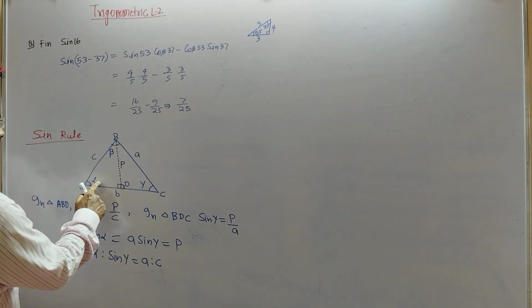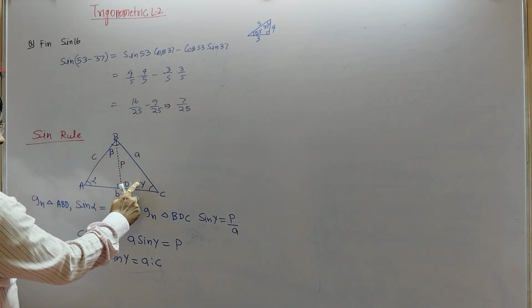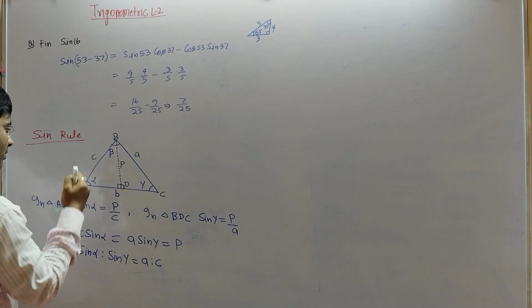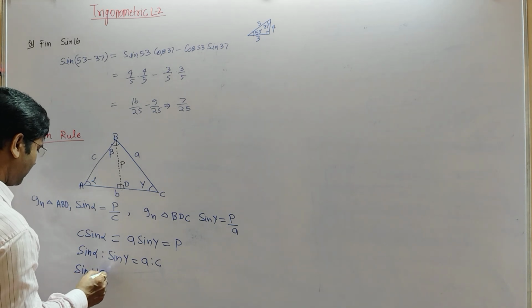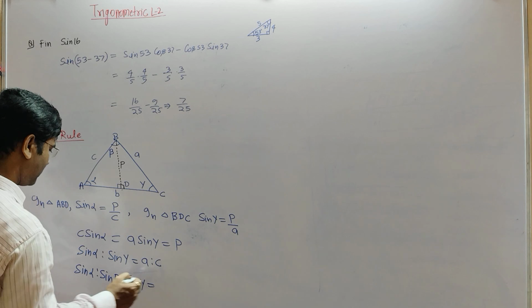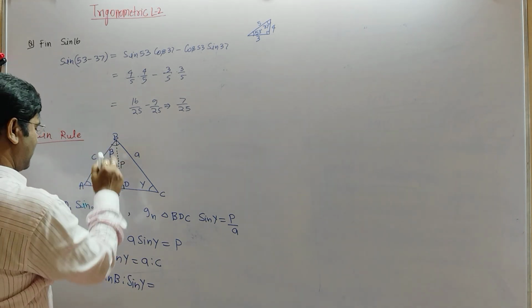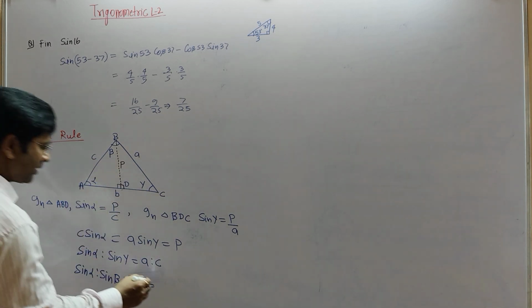In front of alpha angle is a, in front of gamma angle is c. Similarly, if I introduce beta, I will write in front of beta angle side b.